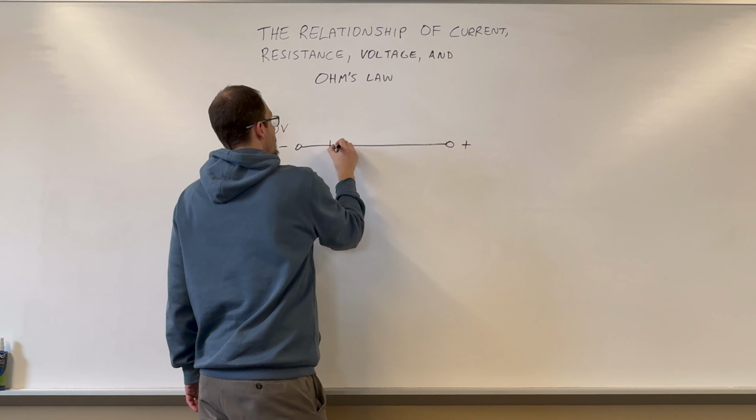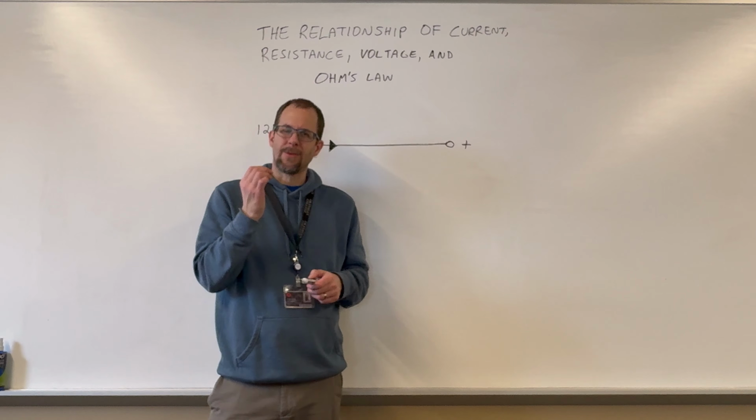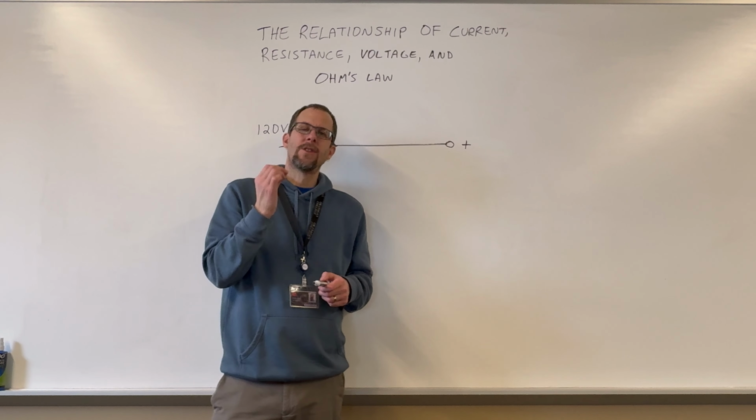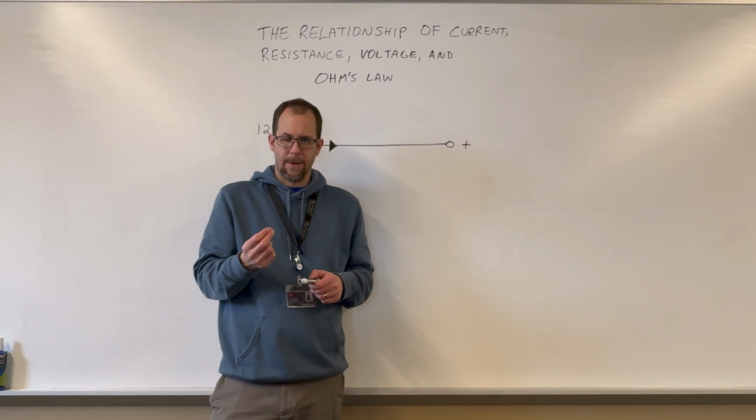Now, we haven't really talked about the opposition of all of this, and that's resistance. Okay? Now, resistance is like the squeeze on a conductor. As we pass electrons through a conductor, that conductor has a resistance, and it's going to limit the current flow.